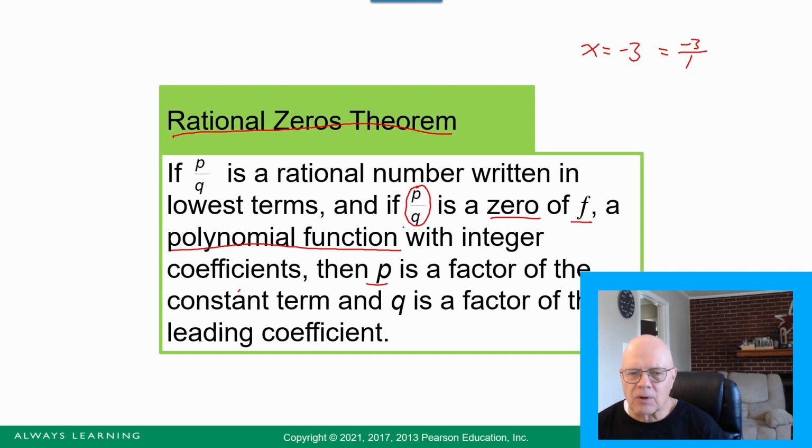P, the number that's on the top, right there, that's going to be a factor of the constant term. P is related to the constant term. That's the term at the end of the function. So if we've got something like this, the constant term is there.